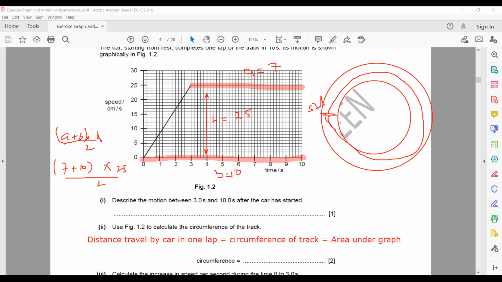What will be the answer when you multiply 17 into 25 and divide by 2? 212.5. And what will be the unit of this distance? I told you that if speed is given in centimeter per second, this answer is in centimeter. If the same was given in kilometer per hour, this answer would be in kilometers. Is it clear?